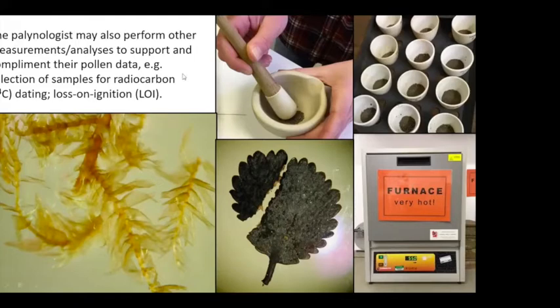I'm not going to go into a great deal of detail about these, but something we might typically do is a process called loss on ignition, where we dry the peat sample, mill it to a fine powder, put it in a crucible, weigh it, then put it in a furnace at 550 degrees centigrade for 3 hours to burn off the organic carbon contained within it. We reweigh the sample and work out the loss in weight, which tells us the balance between the organic and the mineral component in that little cube of sediment.